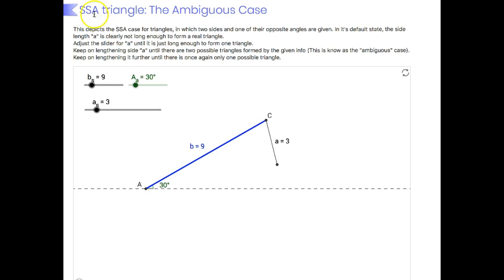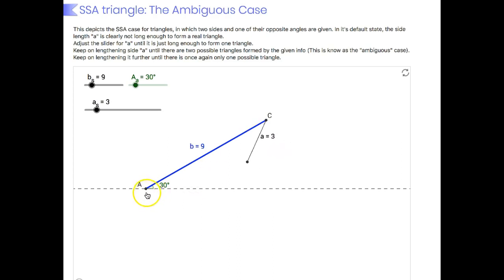Okay, now here is SSA, or if you flip it around, ASS. This is a bad one. This does not actually work because look what I have here. If I have angle A set at 30 degrees, and then I have a side 9 and a side 3, it does not matter.